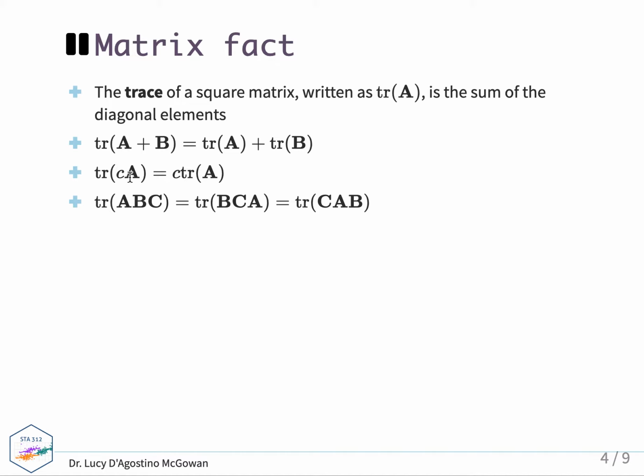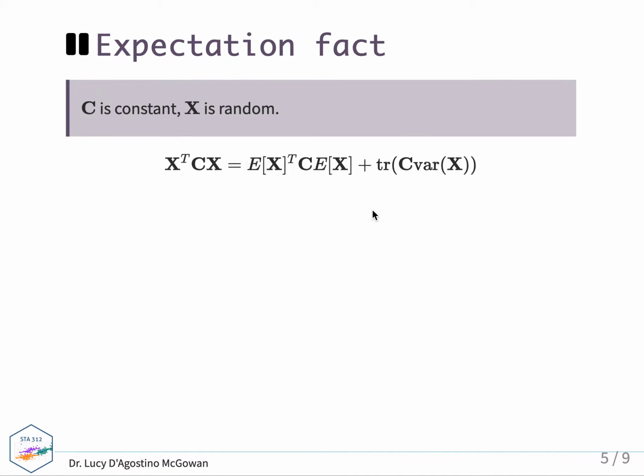The trace of some constant C times the matrix A is equal to C times the trace of A, so you can pull a constant out like this. And the trace of ABC is equal to the trace of BCA is equal to the trace of CAB. So you have the ability to circulate matrices like this when you're taking the trace.